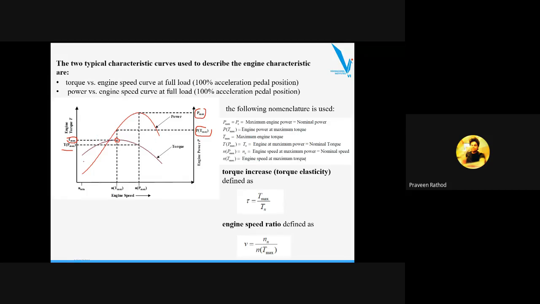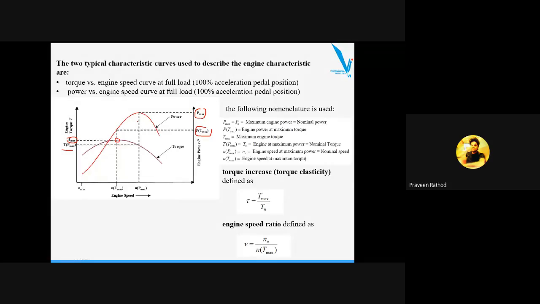Over here it can be indicated with the help of two figures: one with the maximum engine power and maximum engine torque, then the engine speed at maximum power. Here a higher value can give a better engine speed in terms of less frequent gear changing.